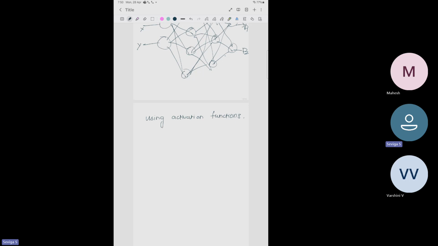So we will start off by thinking of a neuron. We will take a neuron. Let this neuron use an activation function.